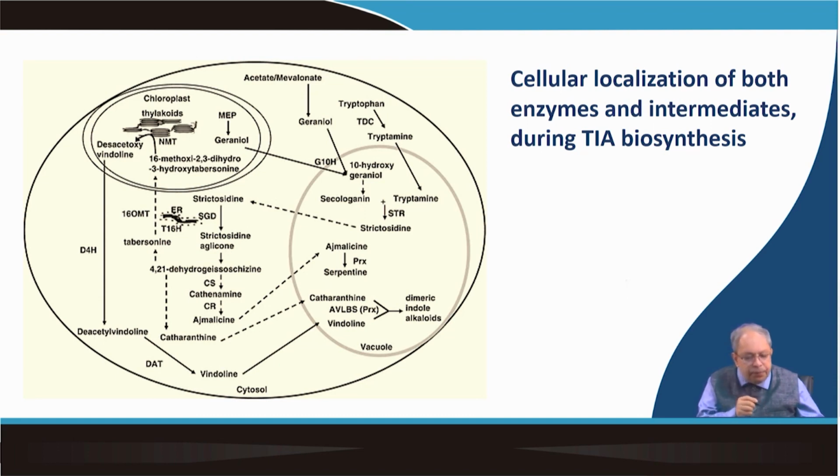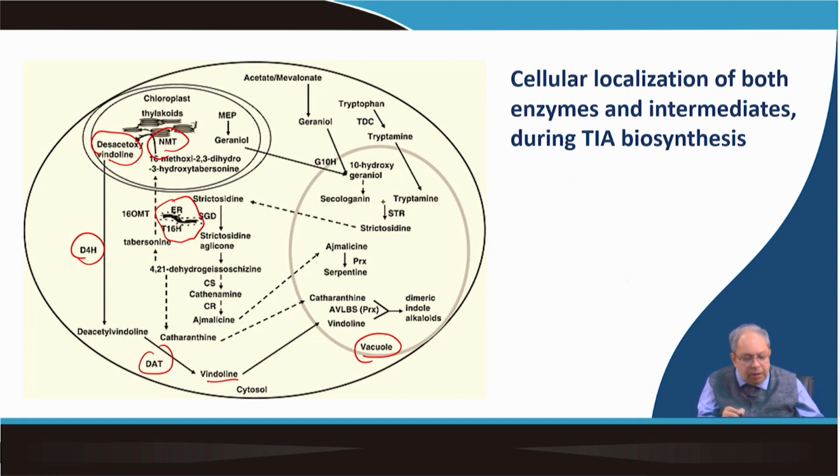Here the involvement of different compartments like the vacuole, this I have already discussed, but the interesting point here is that the endoplasmic reticulum is shown, where T16H is located and where the reactions are carried out, followed by 16OMT, and then the pathway moves inside the plastid, and the NMT is localized here in the thylakoid, which converts this 16-methoxy-2,3-dihydro-3-hydroxytabersonine into desacetoxyvindoline, which comes out into the cytosol, and then D4H converts this to deacetylvindoline, and finally DAT converts it into vindoline.